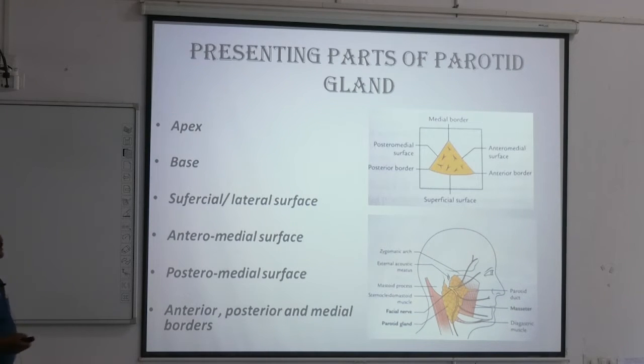Now, the presenting parts of the parotid gland: it has an apex and a base. Here it is like a pyramid. Now, the medial border is here, the posterior border is here, and the anterior border is here.